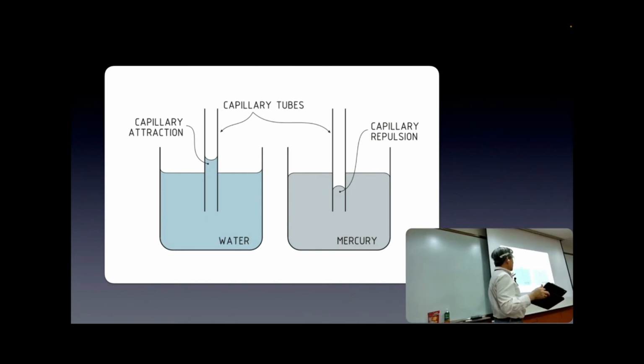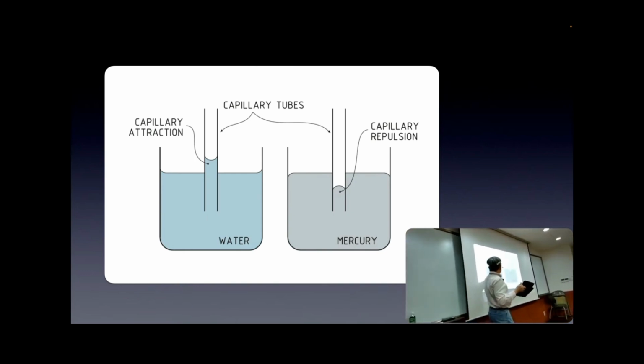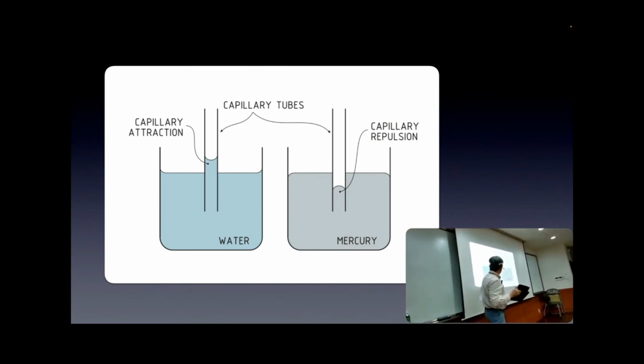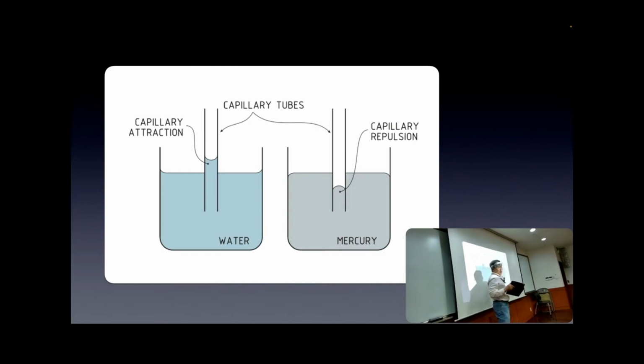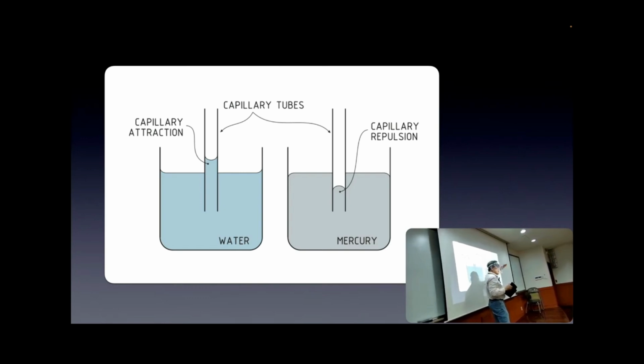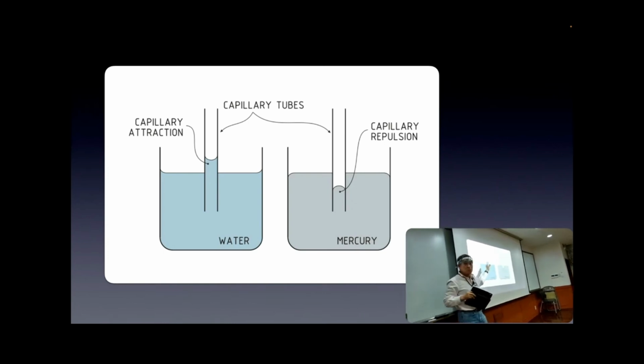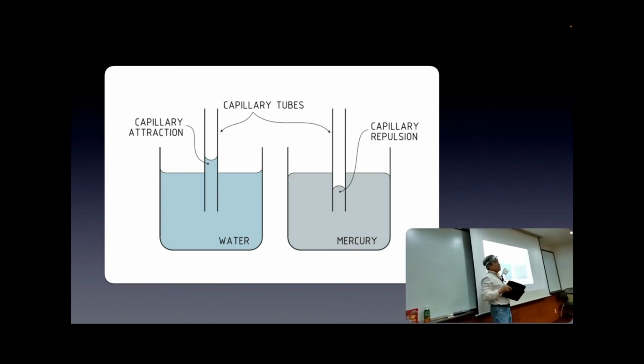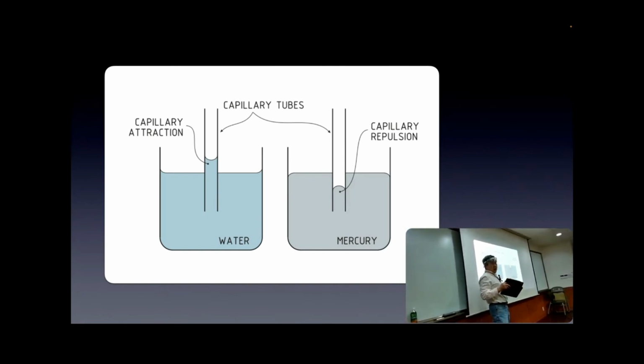Also, because of this adhesion property, water will try to climb up to wet the surface. Unlike mercury, when you try to read the temperature of mercury, you tend to notice the liquid level has this shape as opposed to this particular shape of water. And this has biological significance, for example in trees.